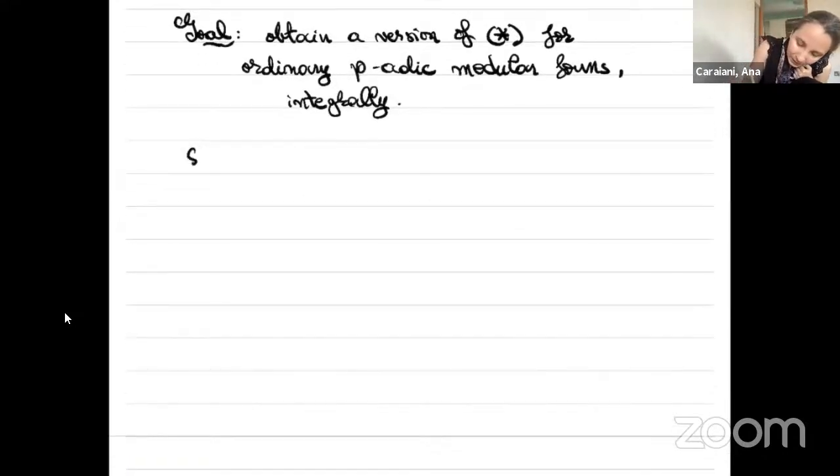And so the first thing is I want to talk about ordinary p-adic modular forms in the Betti or étale setting. And here, I guess there are two approaches one could take.